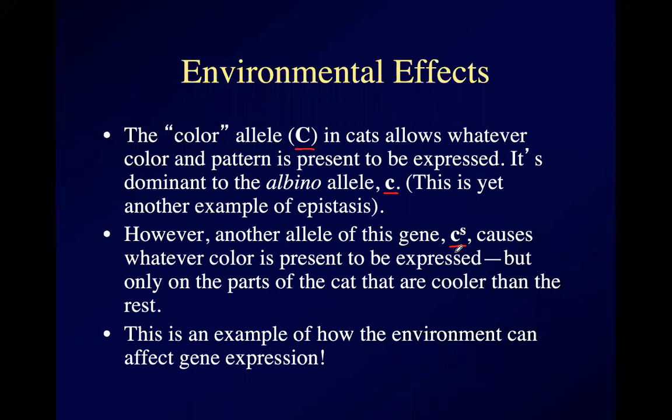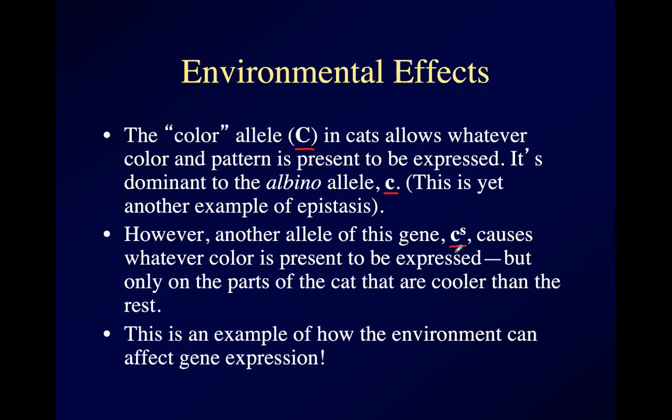That little cs basically puts a temperature-triggered switch on the cat's skin cells and essentially says, if the temperature is warm, don't put any color in the skin or in the fur. If the temperature is just a little bit cold, then you can start putting color there.